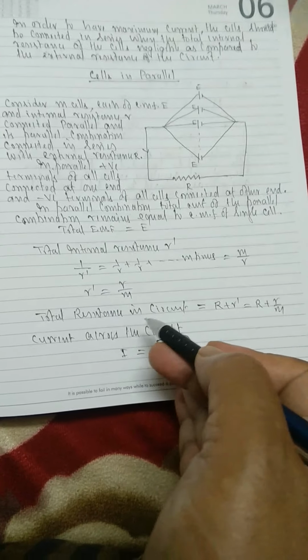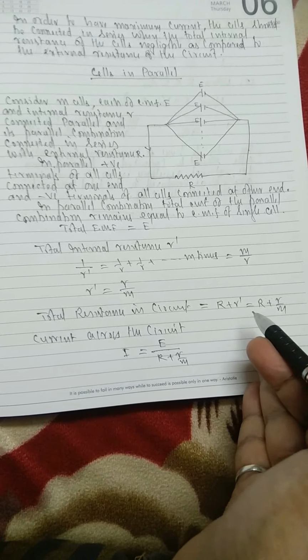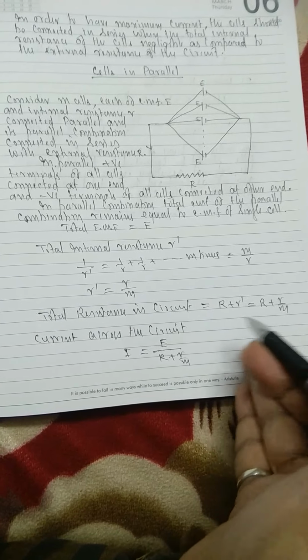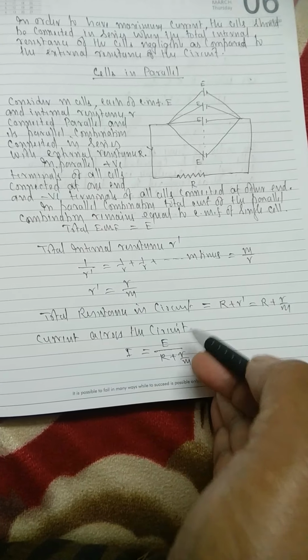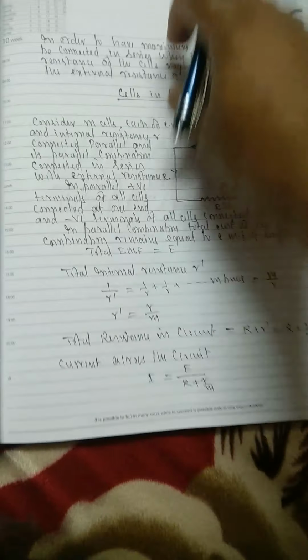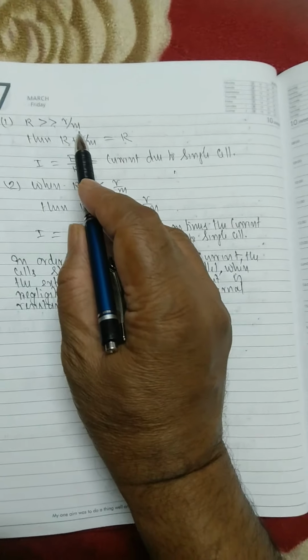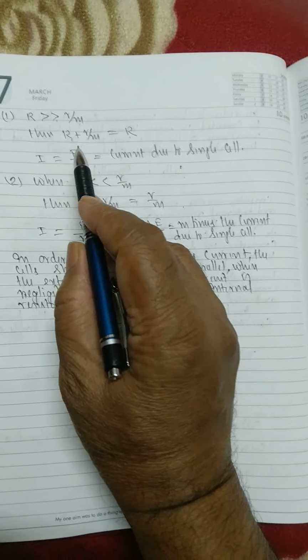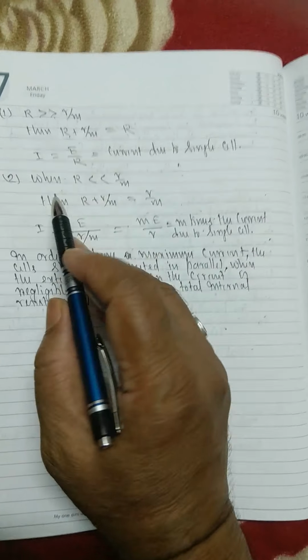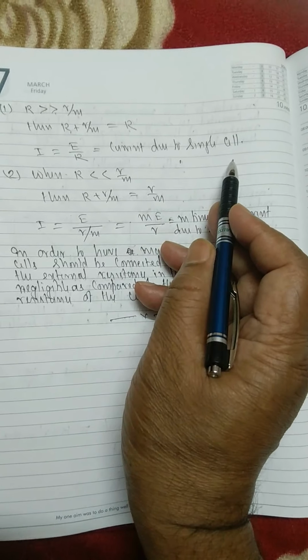So the total resistance in the circuit equals R plus r dash equals R plus r by n. So the current across the circuit I equals E by R plus r by n. Now, in a special case, if R is much greater than r by n, then R plus r by n equals R. So I equals E by R, and this is the current due to a single cell.